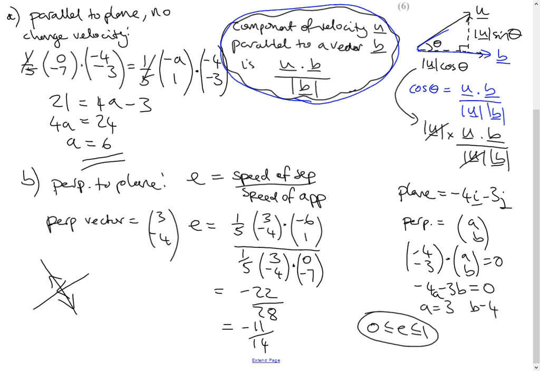I've actually found one that's ended up giving me a negative. It doesn't matter because the coefficient of restitution should be based on speed, and speed is always positive. So what I need to make sure I do is take the modulus, or the positive value of this, and then I will get that e is 11/14.